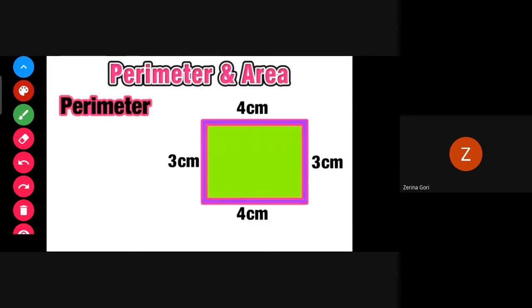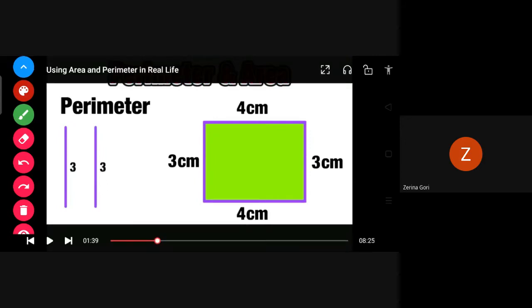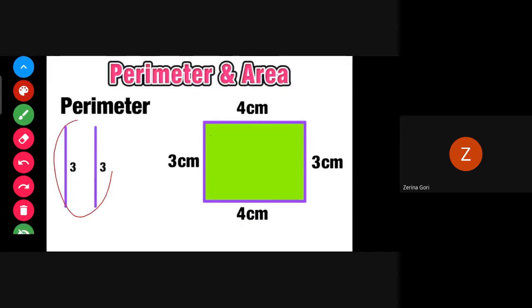So now they will show that. Okay, so they have taken two sides, you can see this right and left side, which is 3 centimeter. These both are left and right sides, which is 3. This 3 and 3.